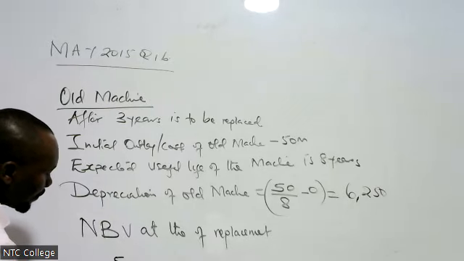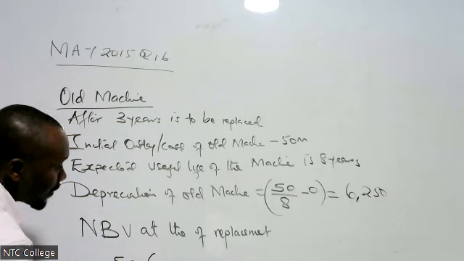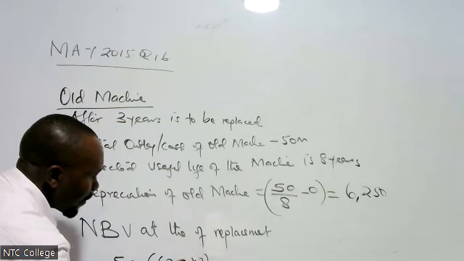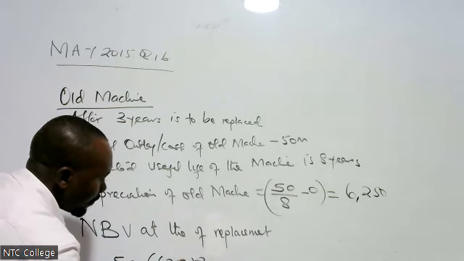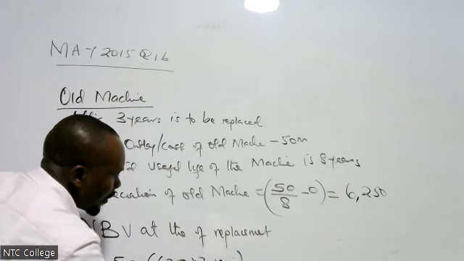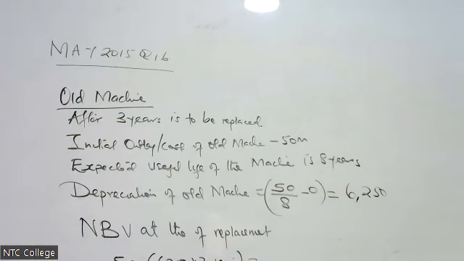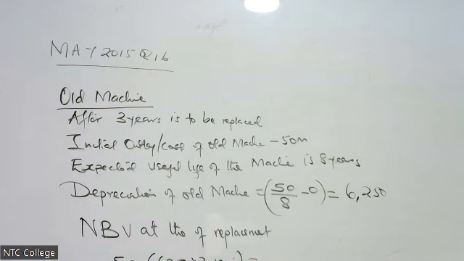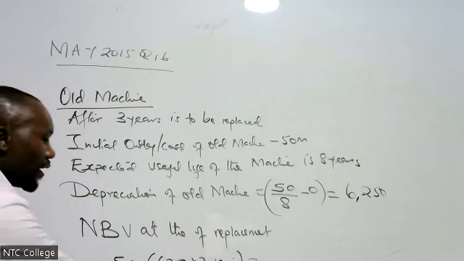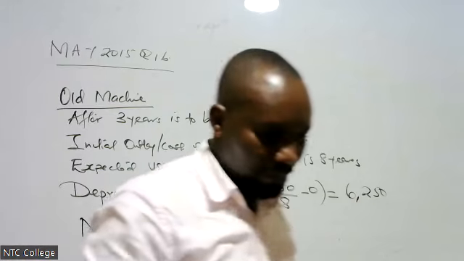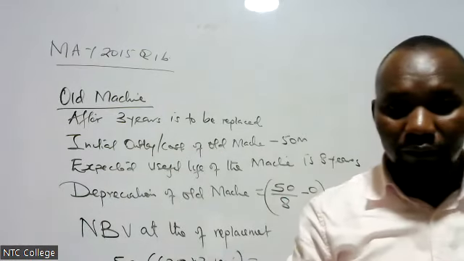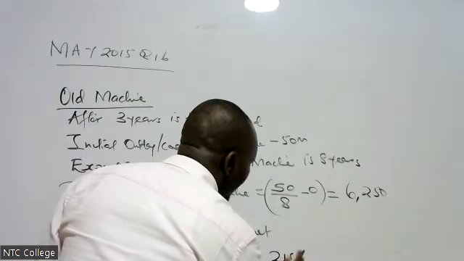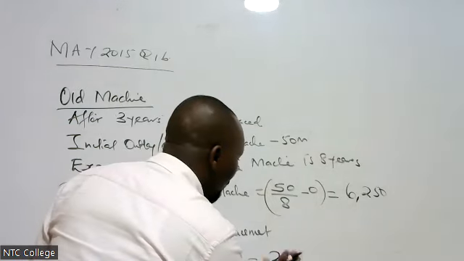We take 50 minus depreciation for 3 years, which is 6,250 per year times 3 years. So what is the net book value? The written down value after 3 years. It is depreciating 6,250 per year for 3 years. So what is the net book value? The machine should have remained with this value.